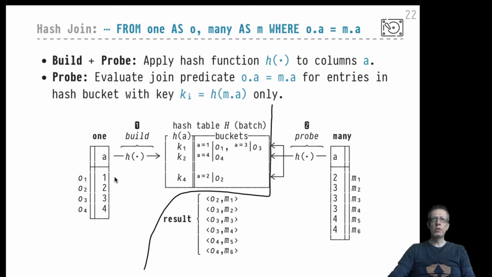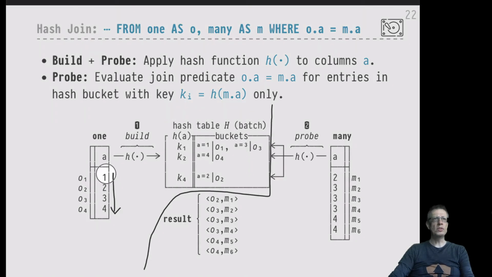Okay, so we will scan the entire build table, table 1 here, and each row will be fed through the hash function h here. Indeed, the a value. This a value will be placed into the argument of our hash function.